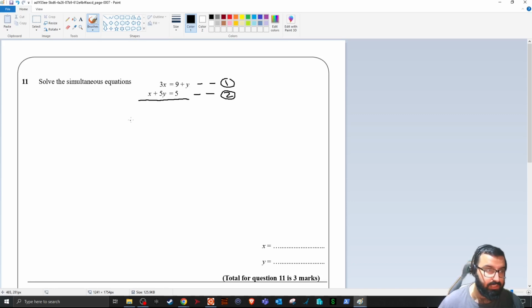So equation 1 doesn't look like this, so we have to rearrange. I'm going to put y on the other side. So 3x minus y equals 9, and the second equation can remain the same as we already had the x's and the y's on one side. So x plus 5y equals 5.